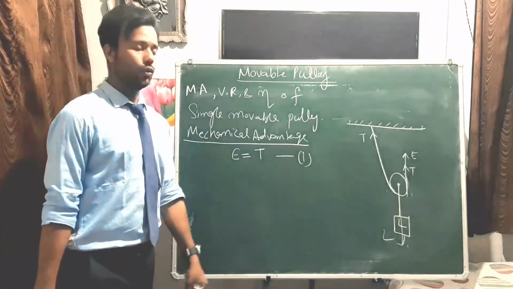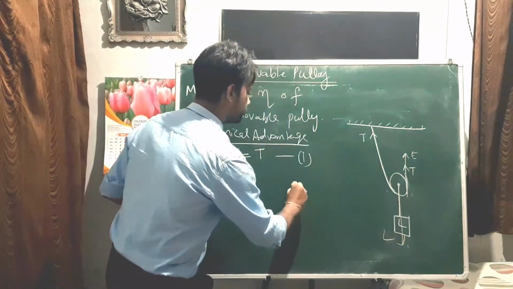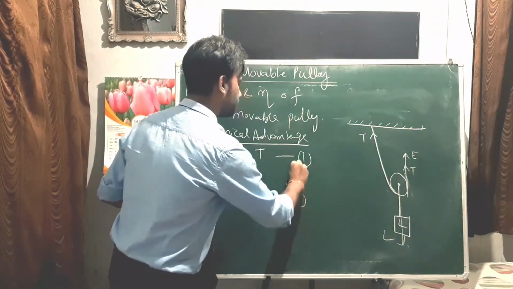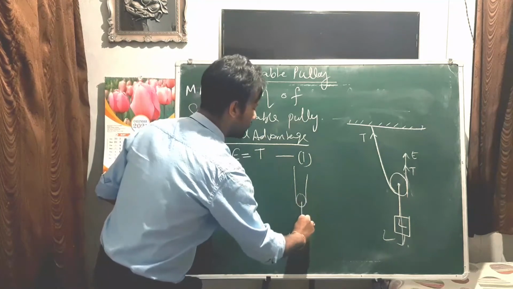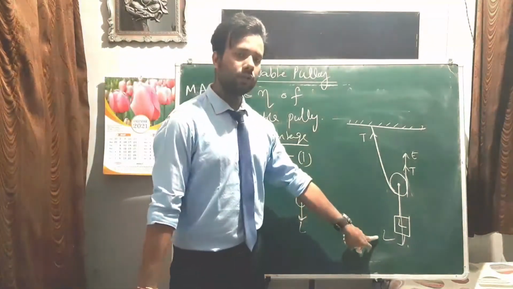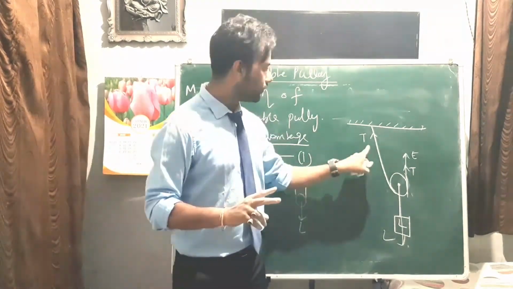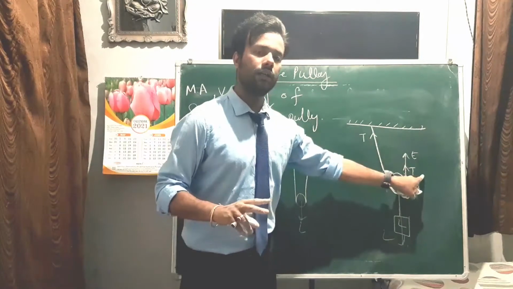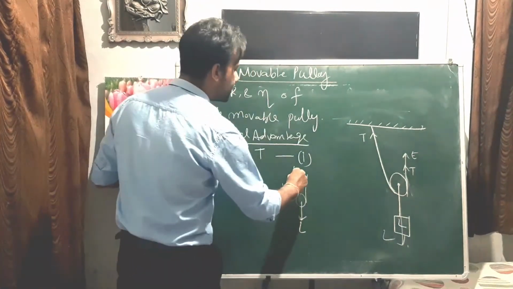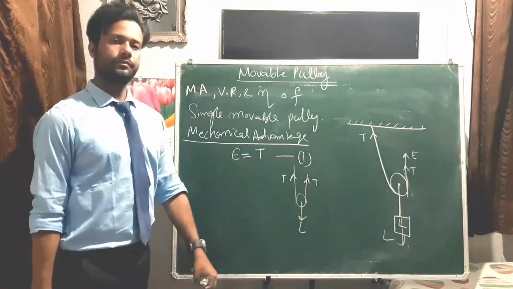Second, load. You can see that this is load L, and load is supported by tension on either side of the string. First T is here and another T is here. So load is supported by two tensions.